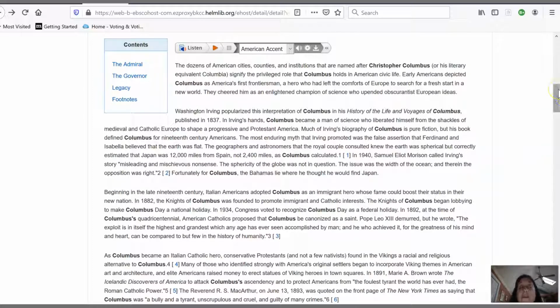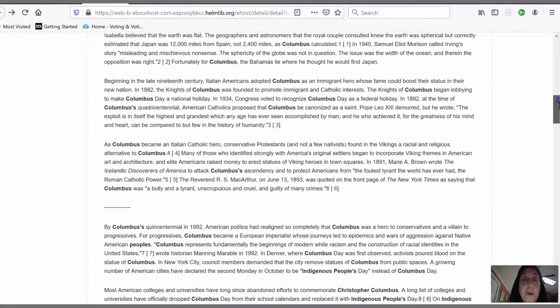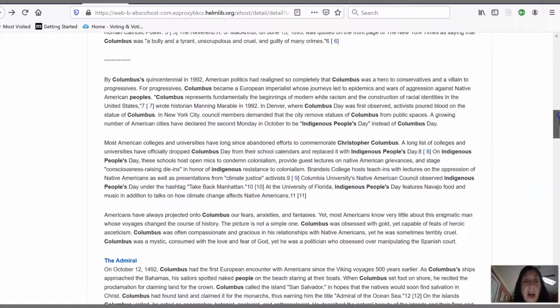Of course, it's going to be hard to find a journal from that time, but sometimes scholarly authors will publish opinion pieces in ResearchGate or on their websites, or perhaps you will find something by a scholarly author that gives you the other side, which is how Columbus may have impacted the lives of indigenous people and how that's being viewed since 1992 to today. So this would be good in a pro and con piece, a contrast piece.